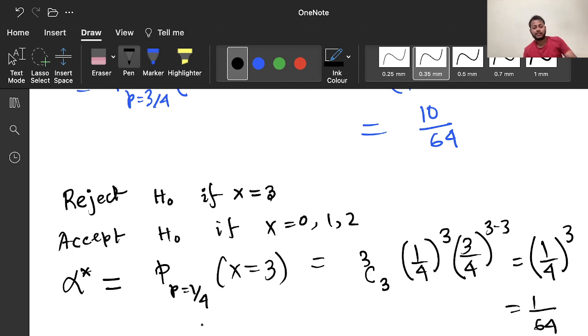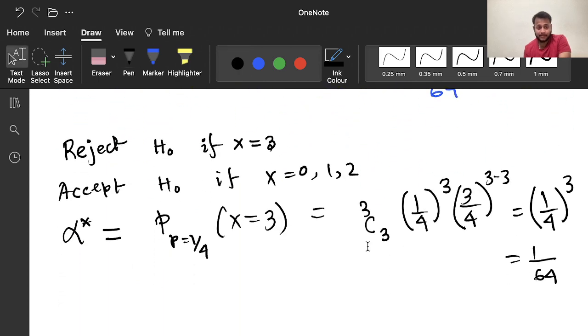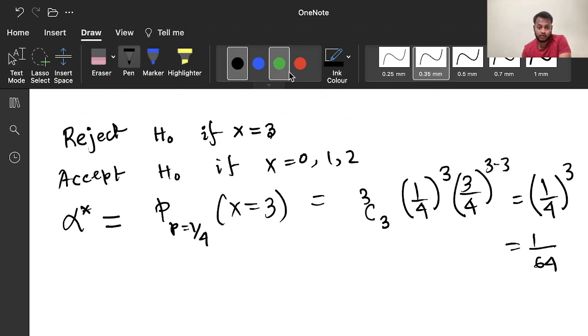Now you see the value of size is decreasing, so it seems a good sign. At first sight, one may think it is a good sign that alpha star, the type 1 error, is decreasing. But what is the case with the type 2 error, or the power of this test?